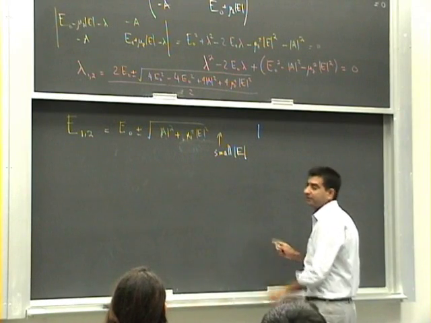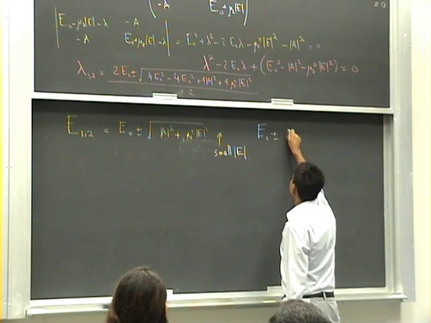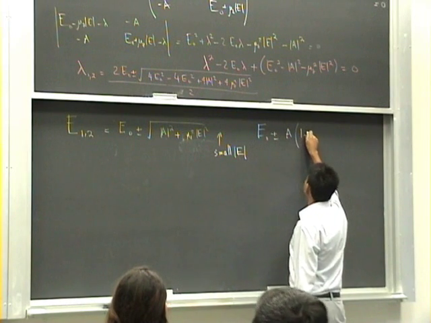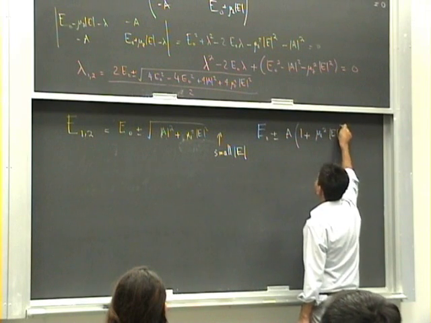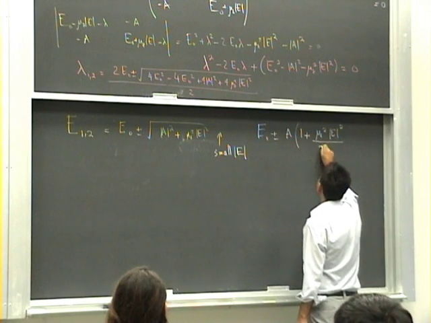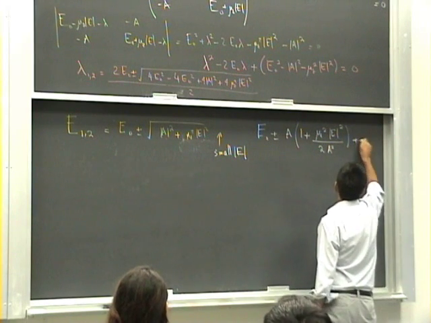Now I apply a small electric field, which means the energy eigenvalues are E naught plus minus A times 1 plus mu z squared modulus E squared over 2A squared, and so on.